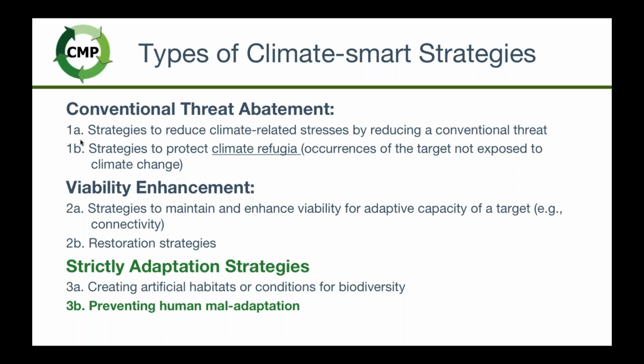It's more that you need to identify those climate refugia and think about those climate refugia as you're planning, as you're thinking about the viability of your conservation targets. Yeah, so I could see arguments for either category.